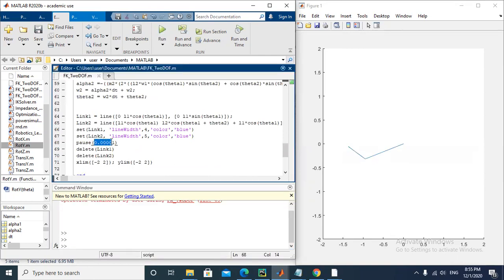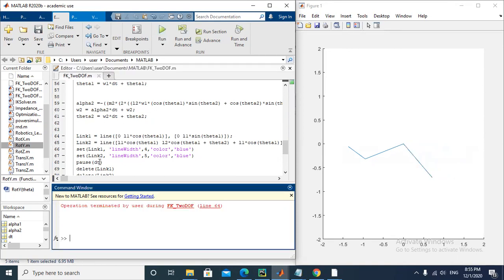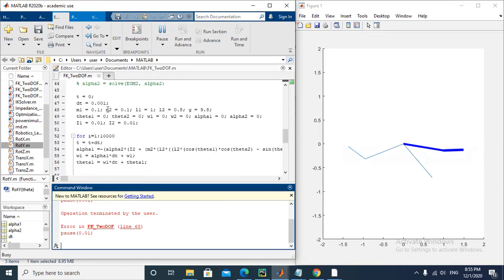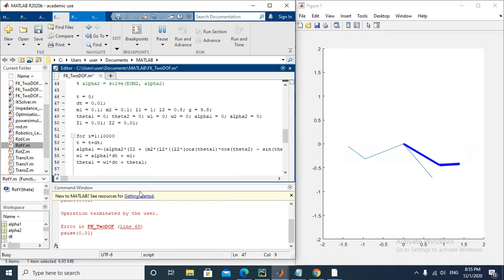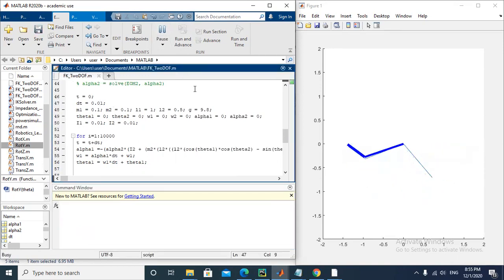Let's actually do something here. Let's put our dT here and then run that. Okay, exactly. So it's not running in real time. That's the issue here. Let me put some on and increase that a little bit here. There you go.